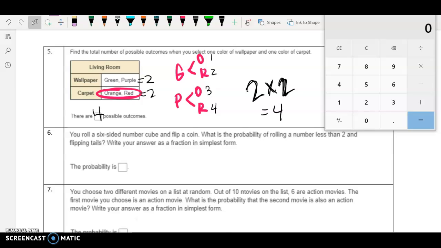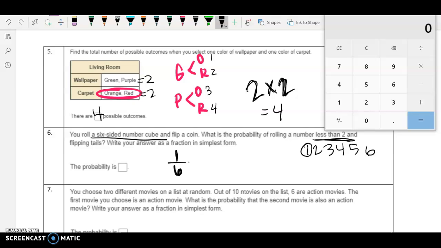All right, so you roll a 6-sided number cube, and you flip a coin. What is the probability of rolling a number less than 2 and flipping a tails? So write it as a fraction in simplest form. So on a 6-sided number cube, I have 6 possible outcomes, and our possible outcomes go on the bottom. And a number less than 2, well, on a number cube, the only number less than 2 is a 1.